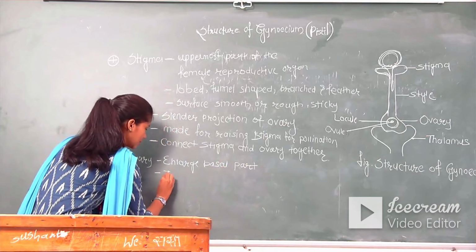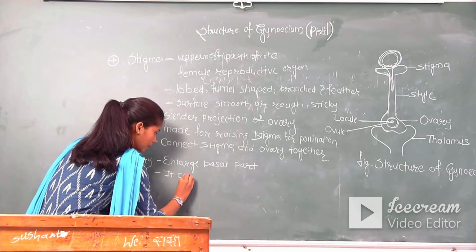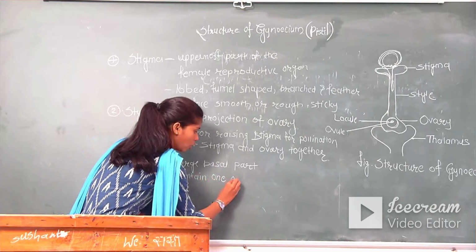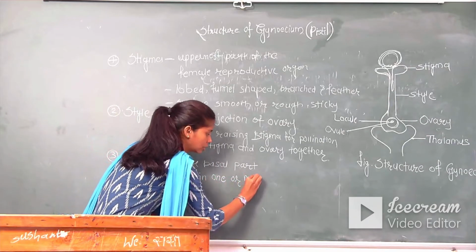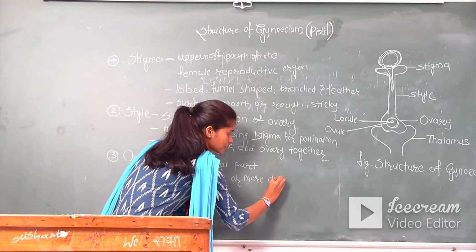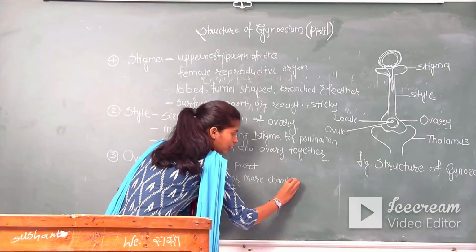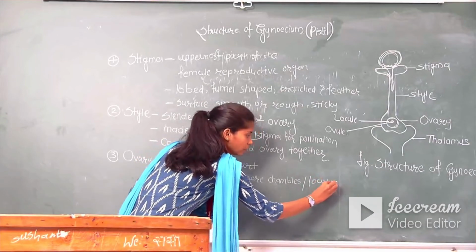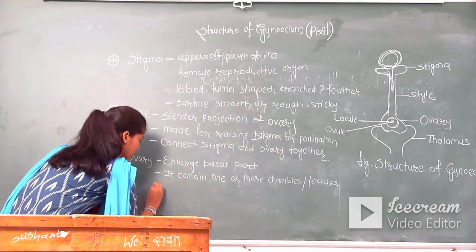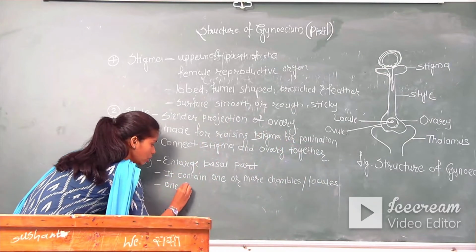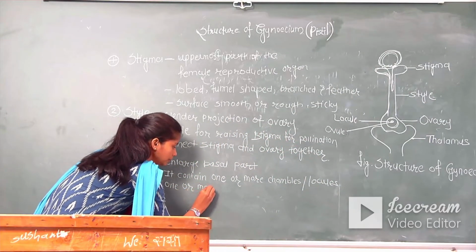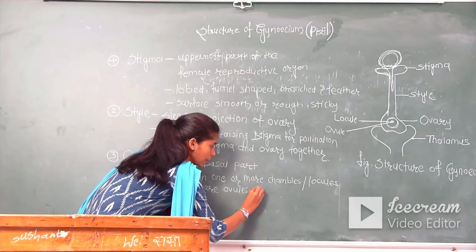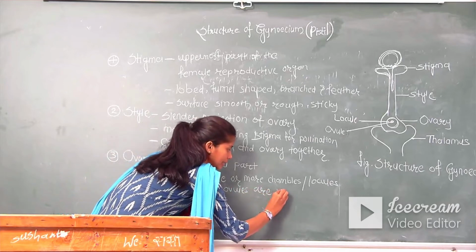It contains one or more chambers that we call locules. Inside those locules, one or more ovules are present.